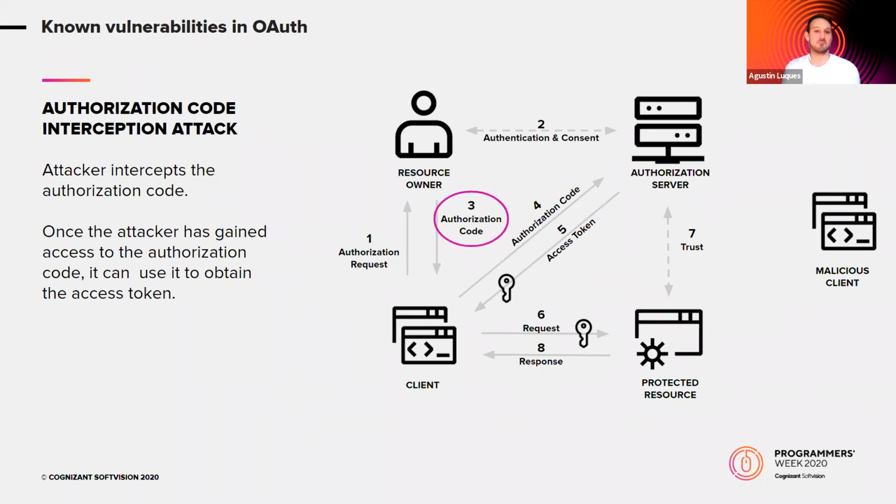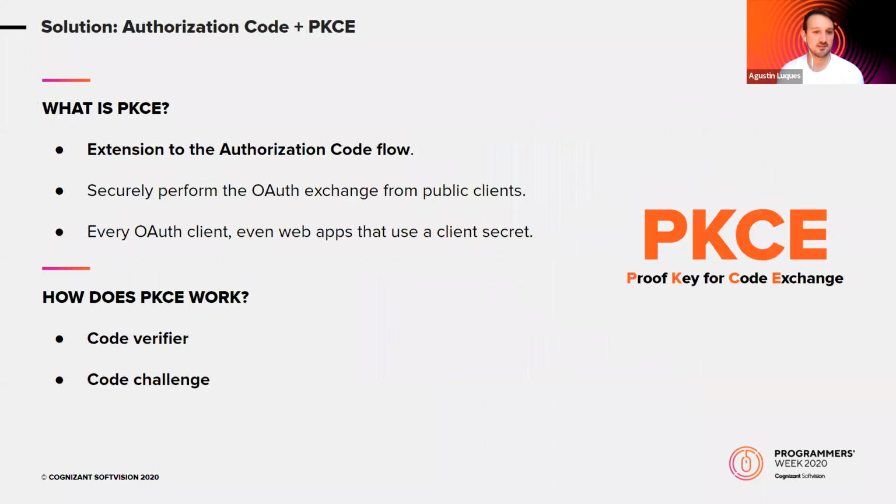When the malicious client steals our authorization code, it can call the token endpoint and get our access token. But fortunately, we have a solution here. In the next slide, we will see that this is called PKCE.